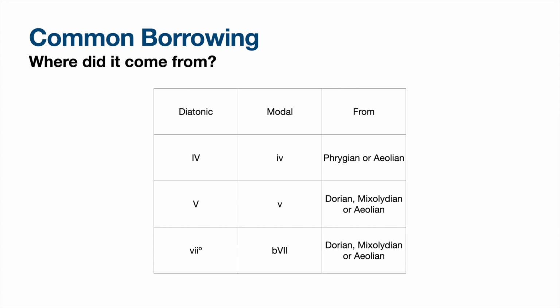Now, one of the most common ways to get flavors of different modes is to borrow chords from different keys or different modes. The ones that you'll see most often: you can switch out a minor 4 for a major 4, you can switch out a minor 5 for a major 5, and you can switch out a major 7 for a diminished 7.